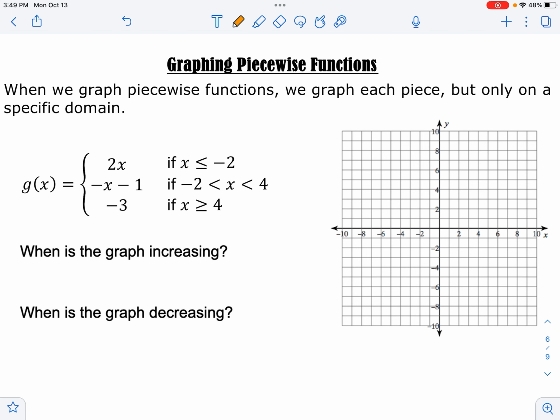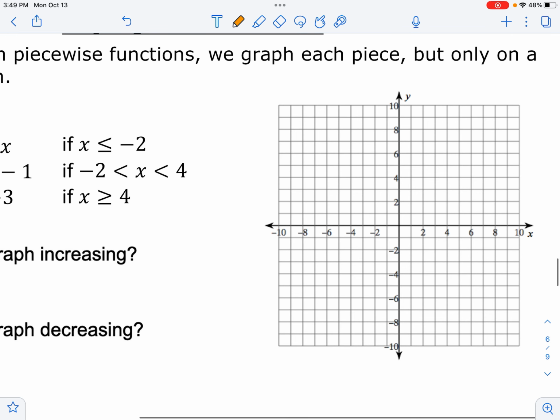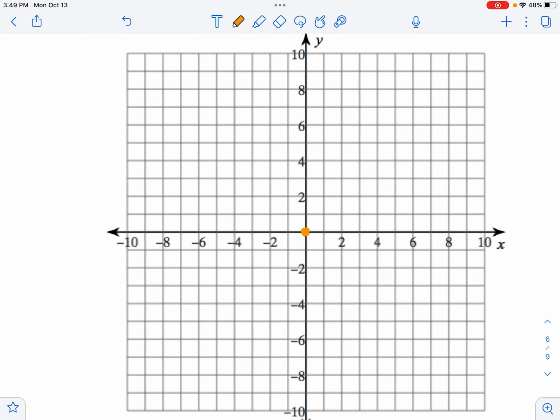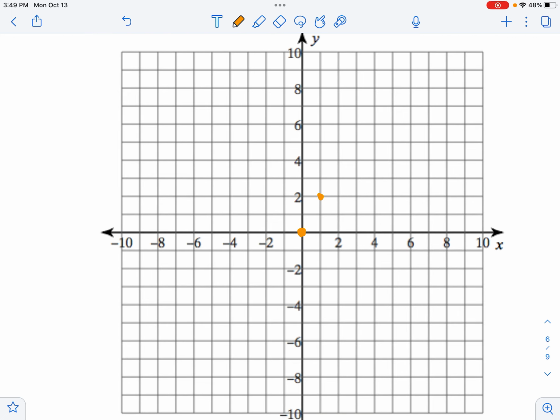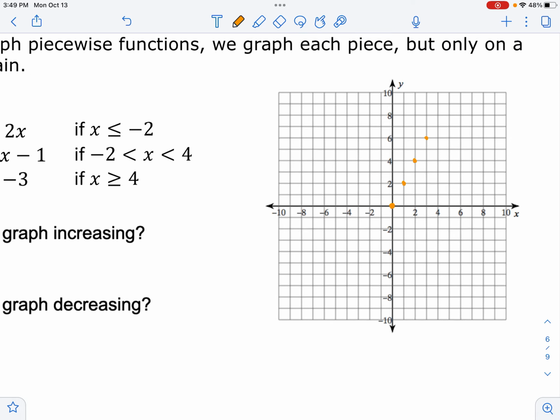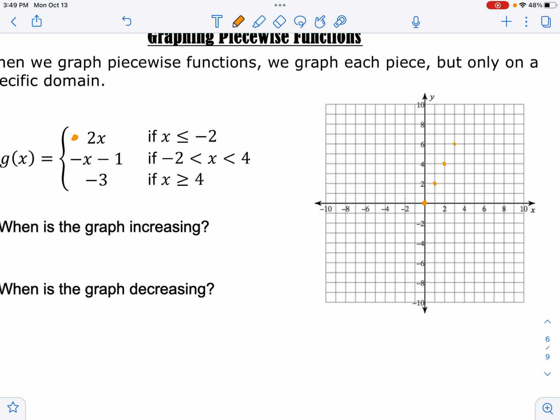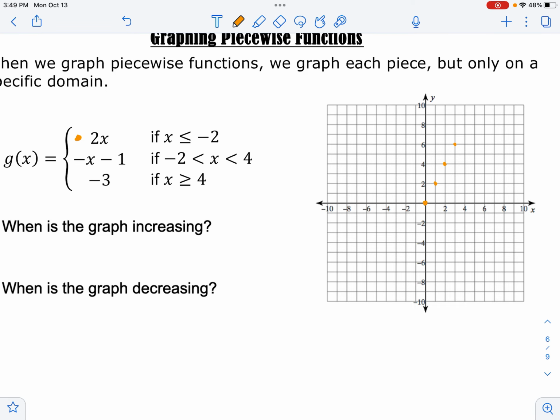So I'll do this one in orange since I'm already there. That means my y-intercept is 0. And I'm going to go up 2 and over 1 is my slope. Okay. And then that's for x less than or equal to negative 2.